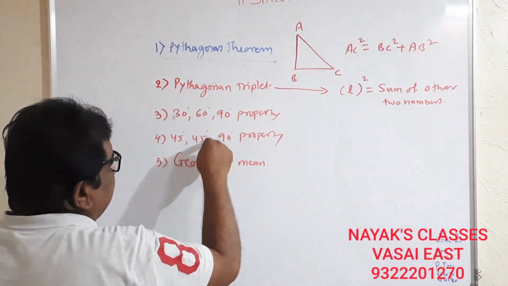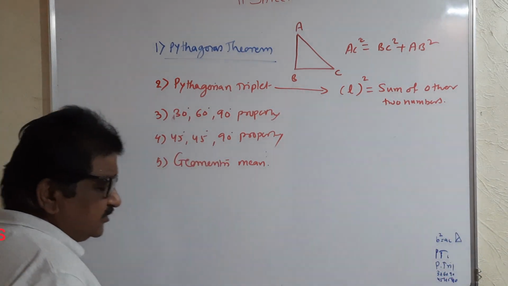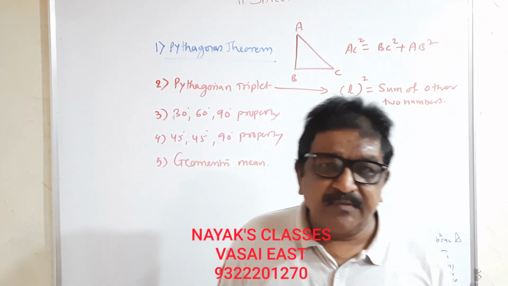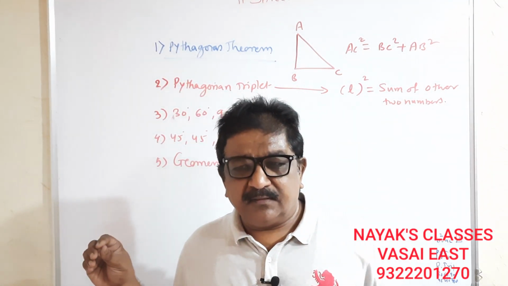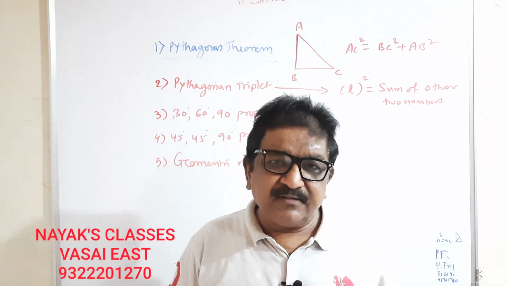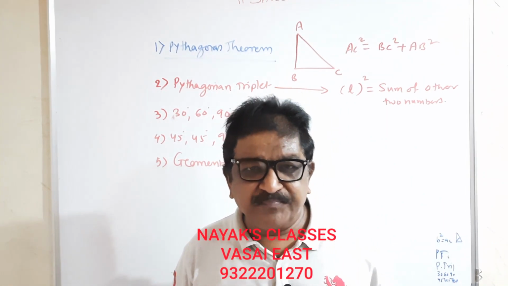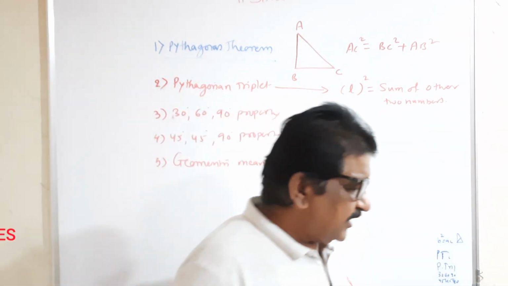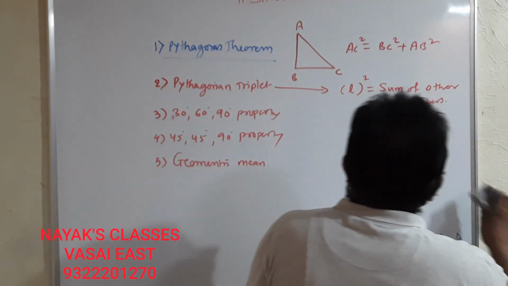There are these properties, and we will see them when we solve the examples. Exercise 2.1 is a little bit of revision, and a little bit of new things are coming, so we are solving them as per requirement.